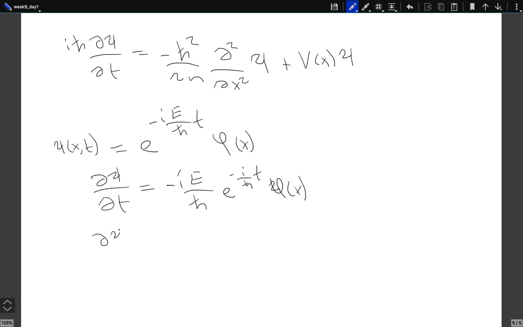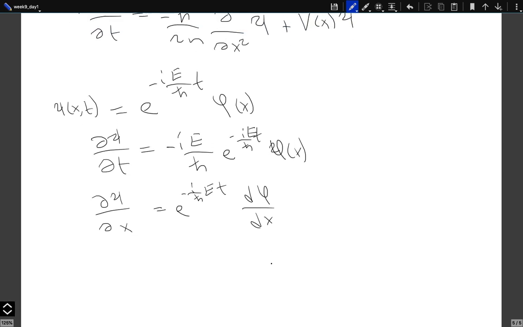If I take the derivative of psi with respect to x, this is e to the power minus i over h bar E t, times the derivative of phi with respect to x. I just converted the partial derivative to total derivative here because there is no other argument there.